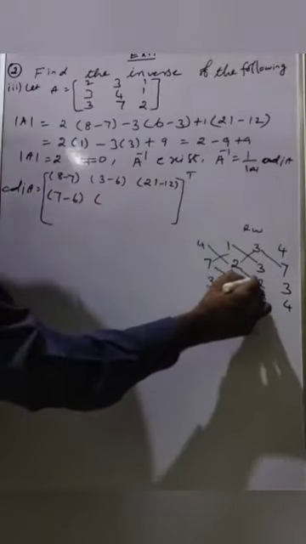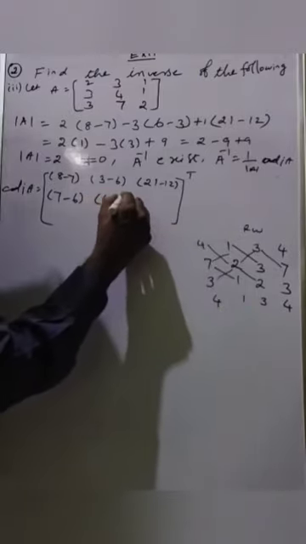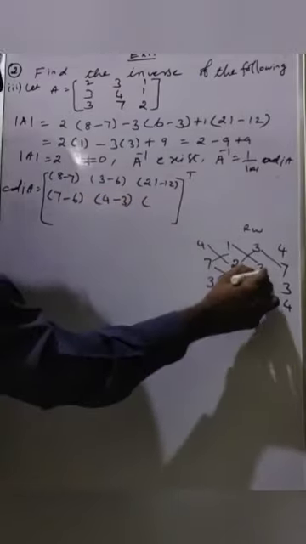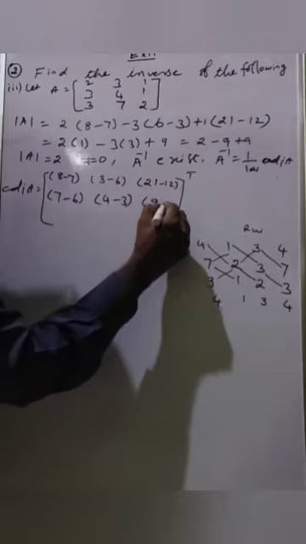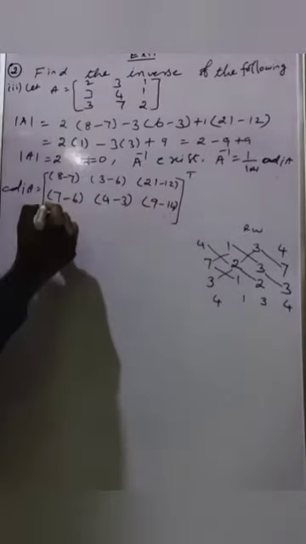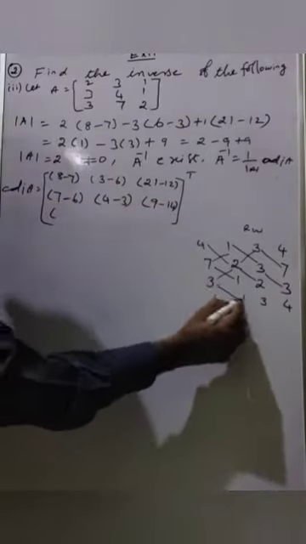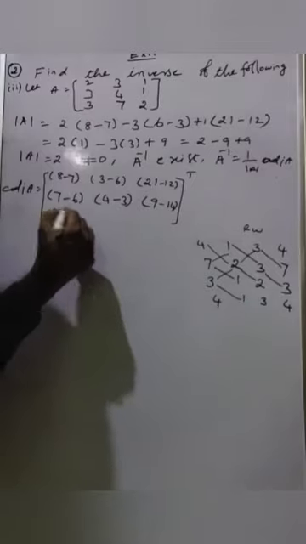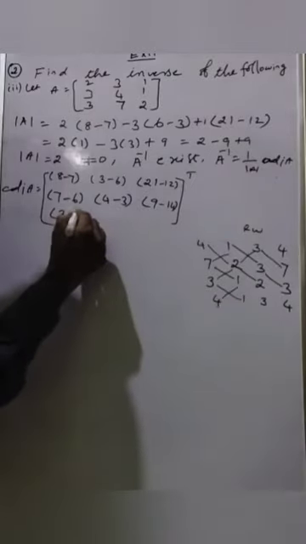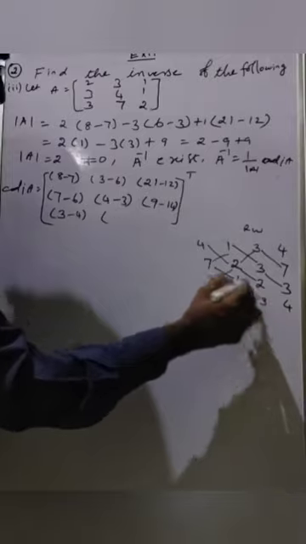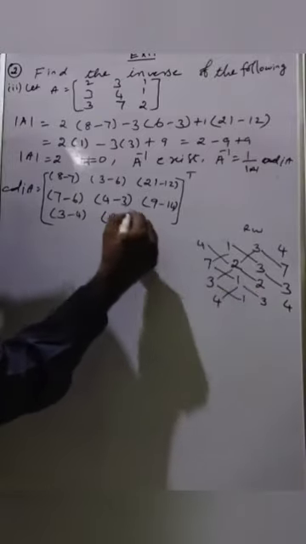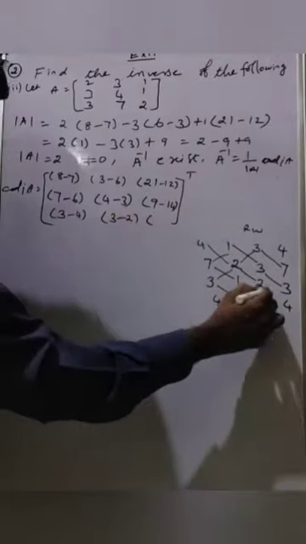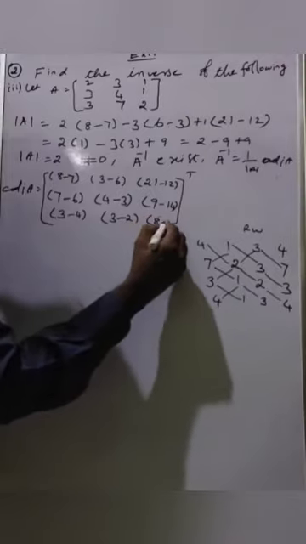The next one, 4 minus 3. Next one, 9 minus 14. The next one, see that? 3 minus 4. Then 3 minus 2. Then 8 minus 9 you may get.